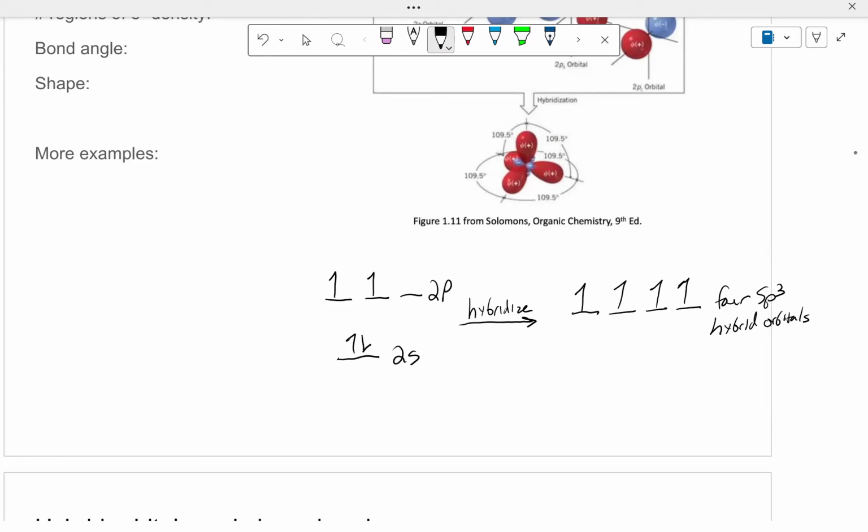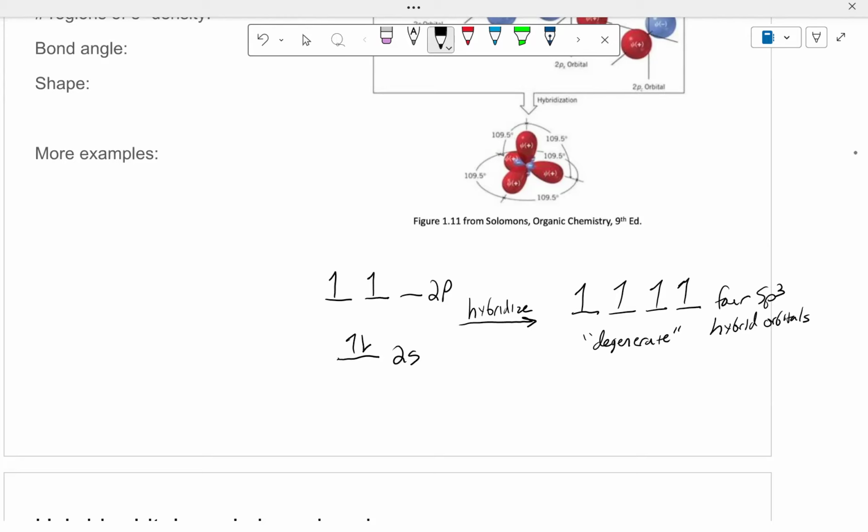Now, another important thing I want to point out is that all 4 of those hybrid orbitals are equal in energy. Remember the term that we use for that in general chemistry? We call them degenerate. They're all equal in energy.